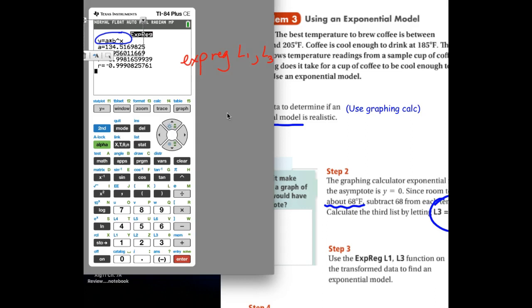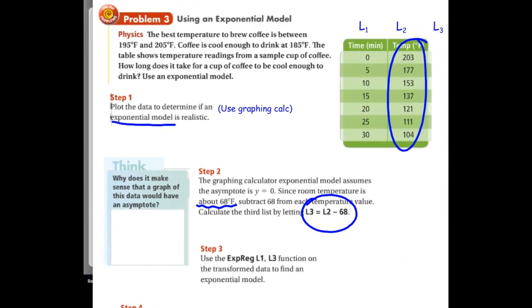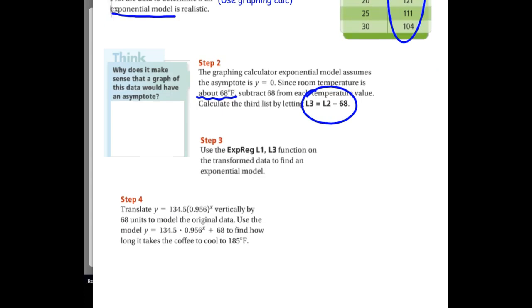And what did they give me for b? 0.956. So can we write our equation? So we have y equals 134.5 times 0.956 to the x power.